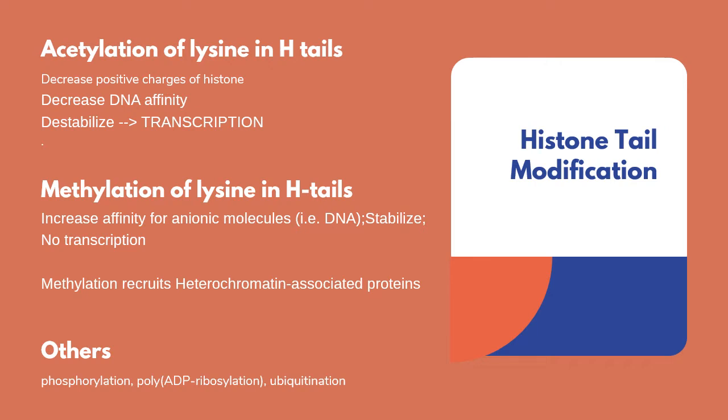Methylation also recruits heterochromatin-associated proteins, which again favors the formation of a heterochromatin structure. Other ways to modify the histone would be by means of phosphorylation, poly-ADP ribosylation, and ubiquitination.